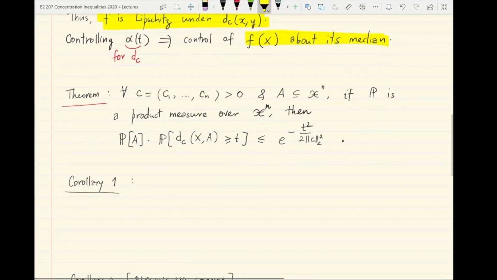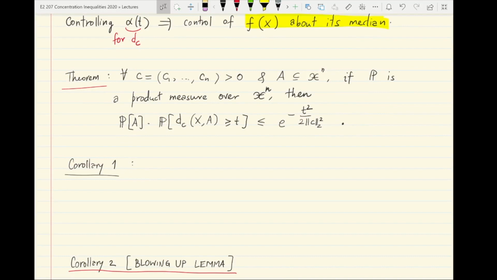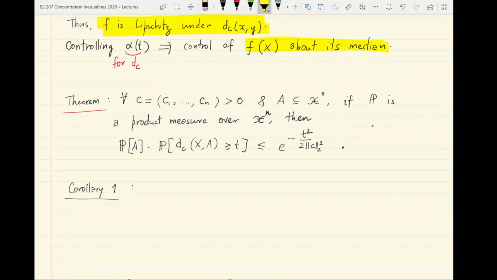So here's a representative result in this direction. It says that given a vector of bounded difference coefficients c_1 through c_n and any set A, subset of X^n, this metric probability space endowed with a product measure, so we assume that x_1 through x_n are independent random variables, not necessarily identically distributed, then we have this inequality that says that the probability of the set times the probability of deviating in c-weighted Hamming distance from that set by a quantity at least t is at most e to the minus t square by 2 times the L2 norm of c the whole square.